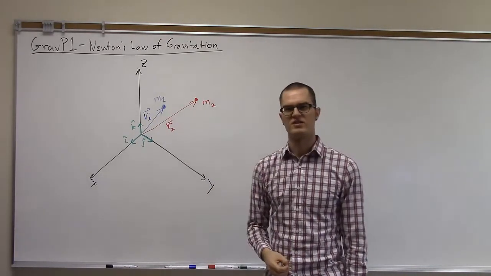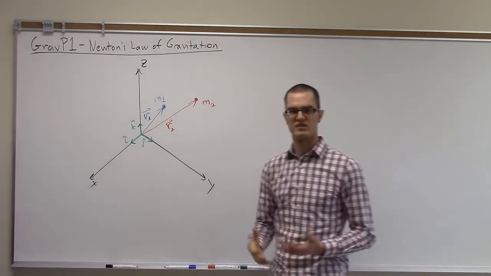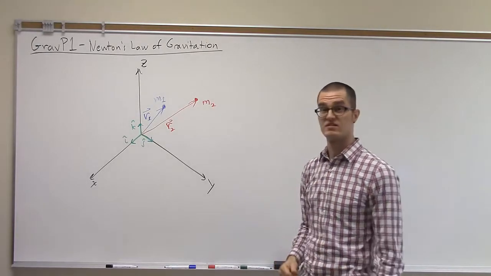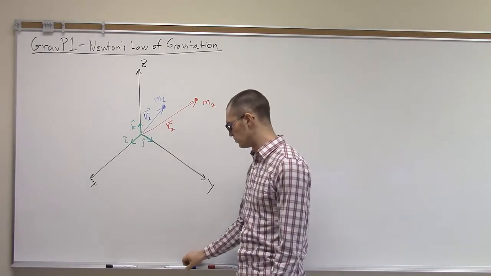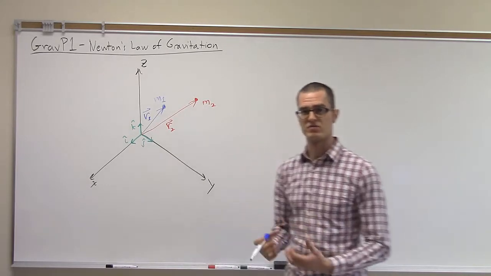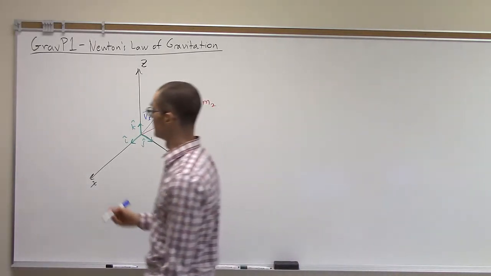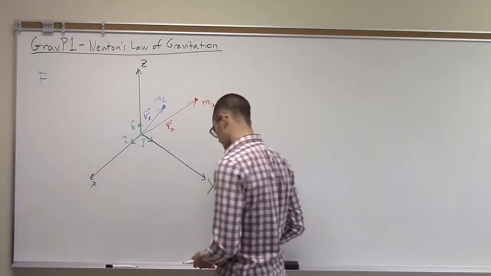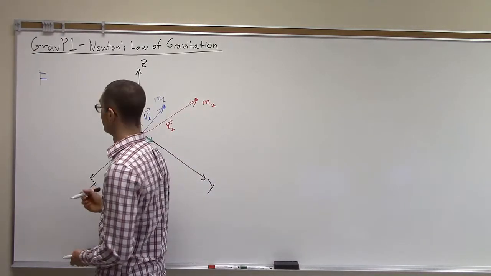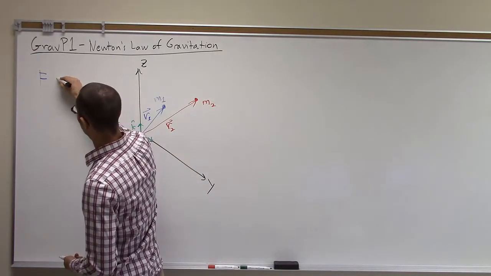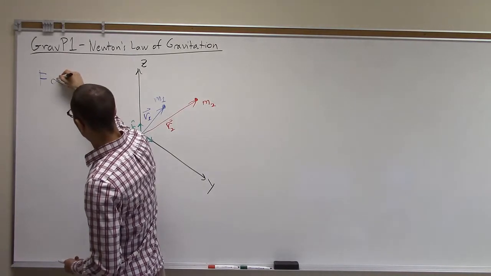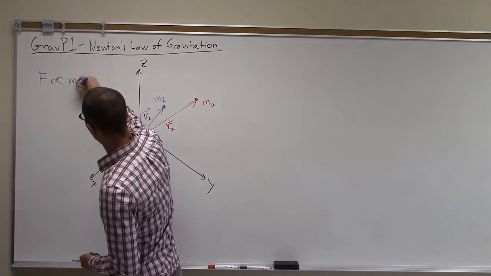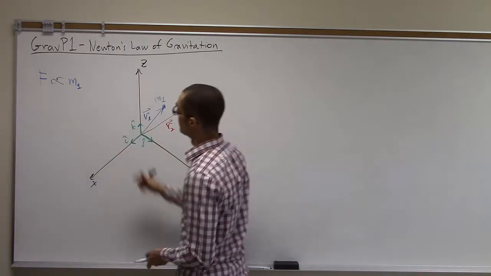Now, Newton's law of gravitation states a few things that guide us towards writing out the mathematical equation that represents it. If we have a gravity force between these two, first of all, it says that F, the force, the gravity, the magnitude here, is proportional to the mass of the first object.